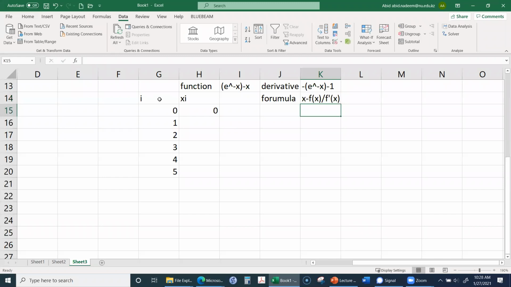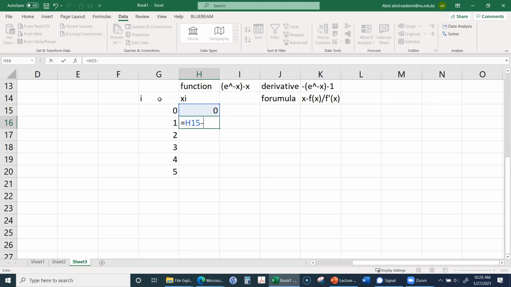This is the formula, so we will iteratively apply it. The value of x is this one, minus the value of the function. The function is e power minus x minus 1.